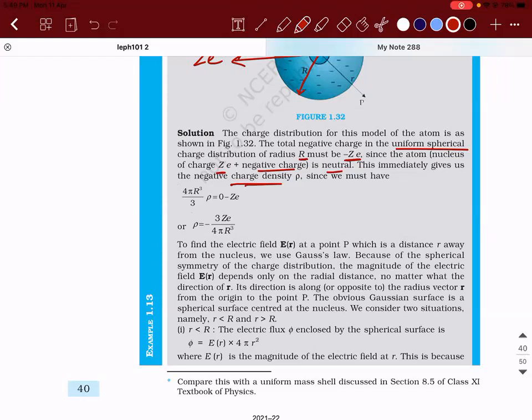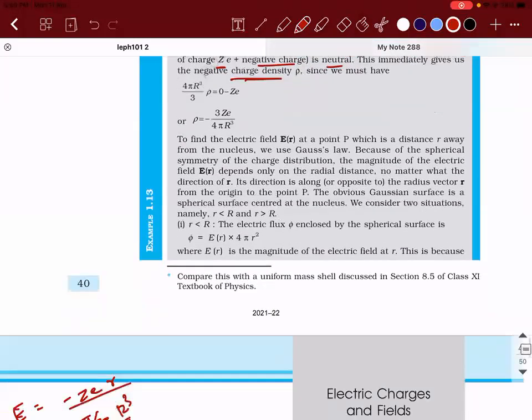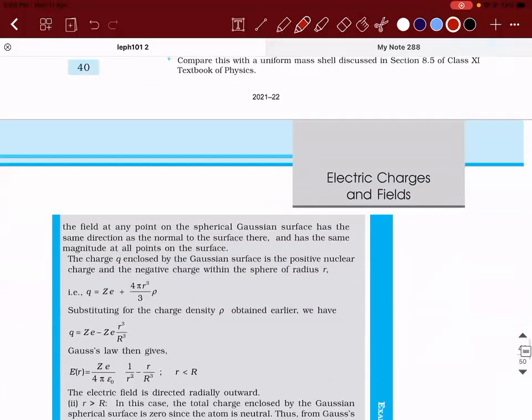We consider two situations, small r less than capital R. Okay, when r is less than R, this phi is equal to E of r into 4 pi r square, accepted. Okay, this is what we did. So net charge enclosed by the Gaussian surface is equal to the positive nuclear charge and the negative charge within the sphere of radius small r. Okay. So this is the step I wrote.